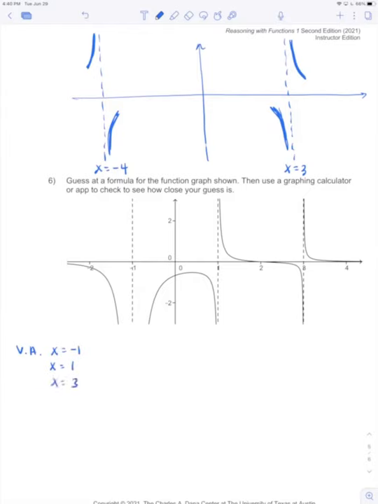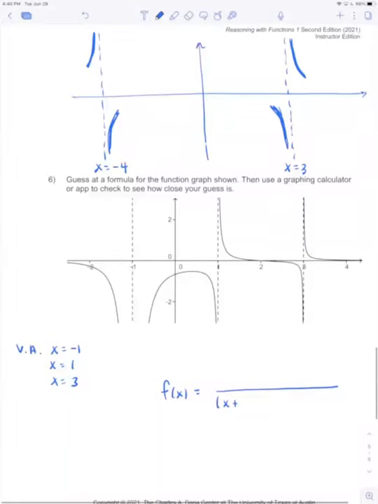So let's write the denominator here. I'm just going to write f of x is equal to, and a fraction. So -1, so x plus 1, that quantity squared. And I'm looking at the vertical asymptote at -1, and notice that on both sides, the curve is below the x-axis, so it's the same.